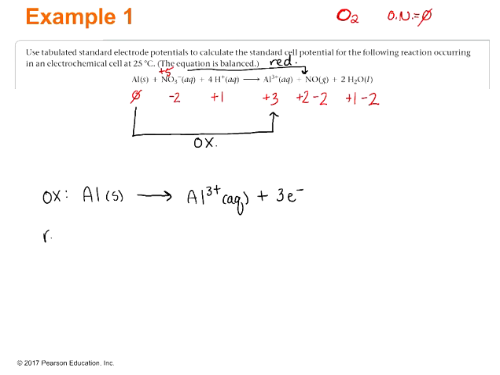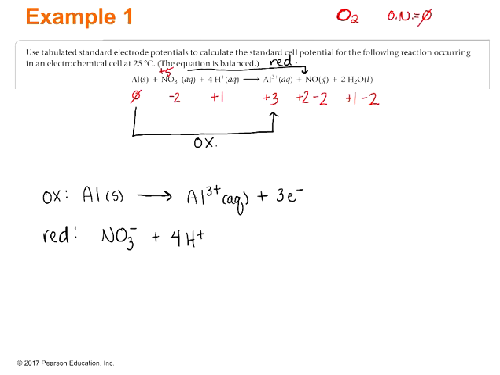Okay, so let's write out that half reaction. Okay, so NO3-. And then I'm still going to keep those hydrogens in this half reaction, because those hydrogens eventually combine with some of the oxygens from nitrate to form water.